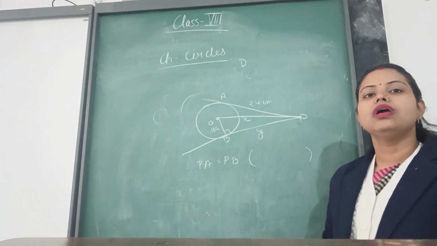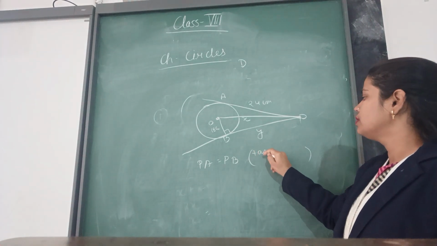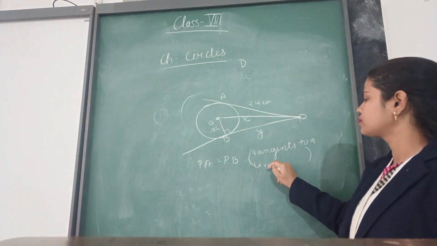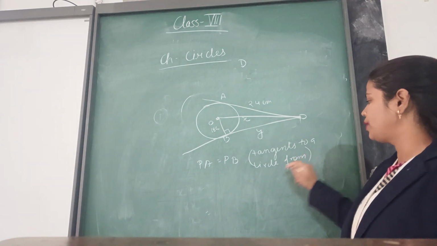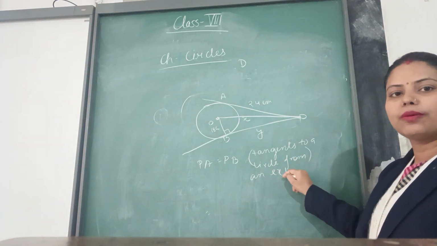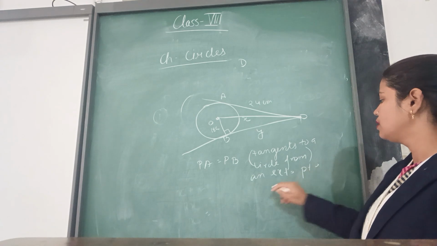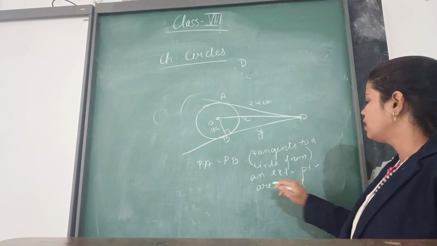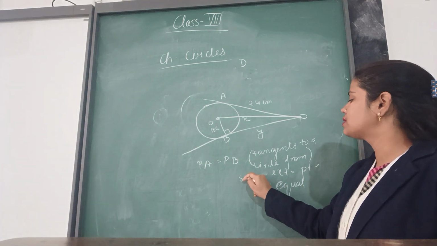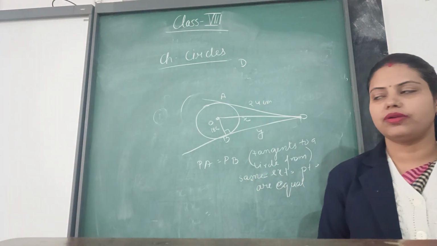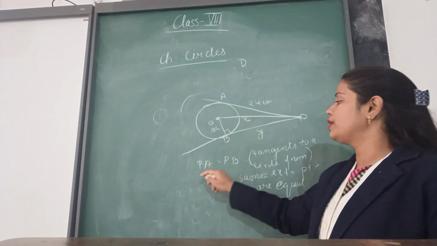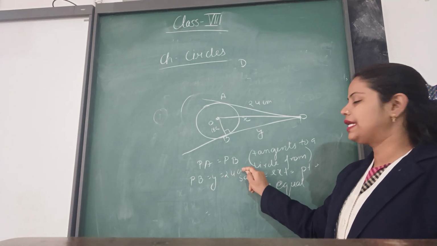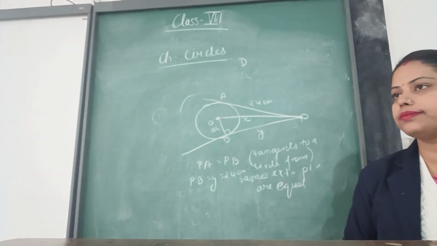In bracket we'll write down tangents to a circle from an exterior point are equal. To be very precise over here, PA is given as 24, then PB, which is y, is equal to 24 centimeter. Directly we can write down the answer by using the property.